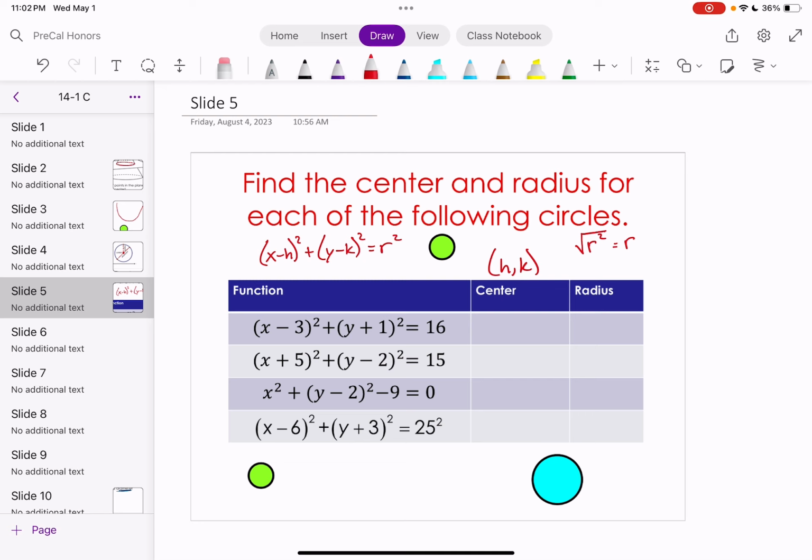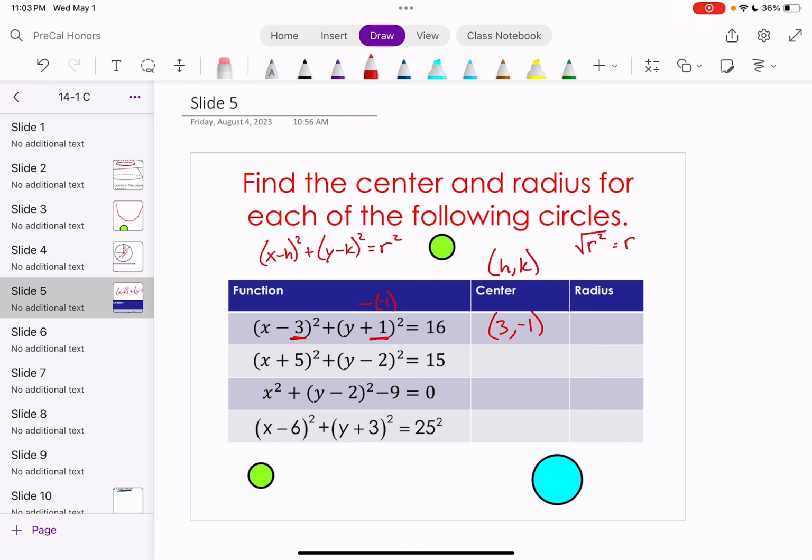If you notice, there are always going to be a minus h and minus k. So in order to find our h and k, we take a look at our h and our k. Our h in this case would be 3. Now our k in this case, remember, we are switching this to a minus of a negative 1. So our y of our center would be negative 1.